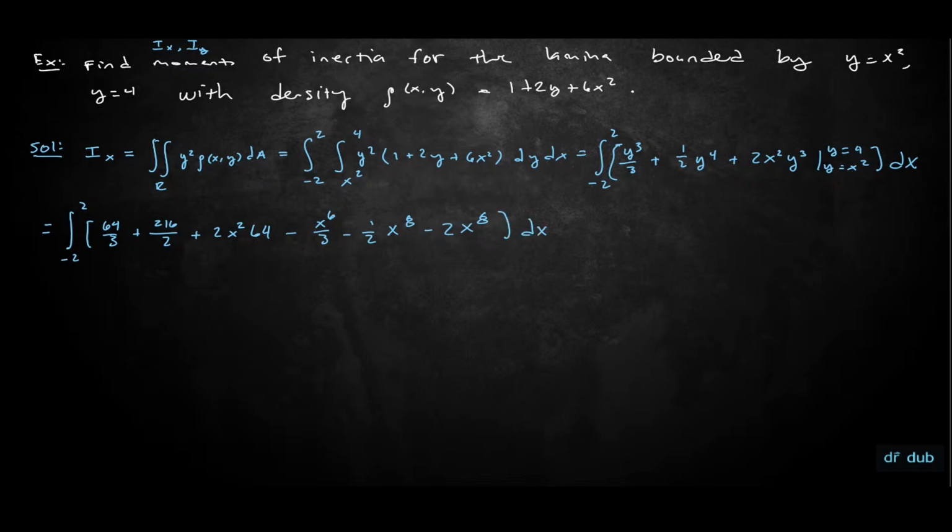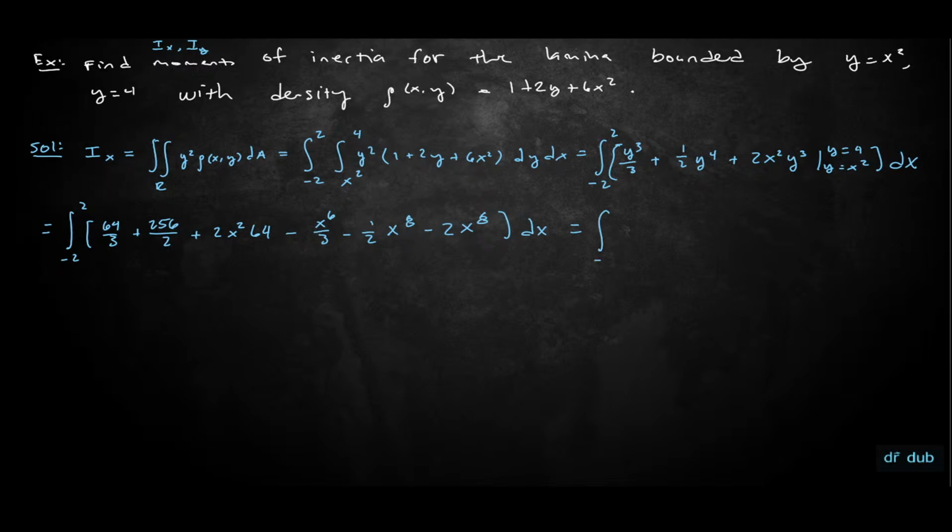And maybe we can simplify that. Whoops, I said 216, it should be 256. So that's 128 plus 64 over 3.